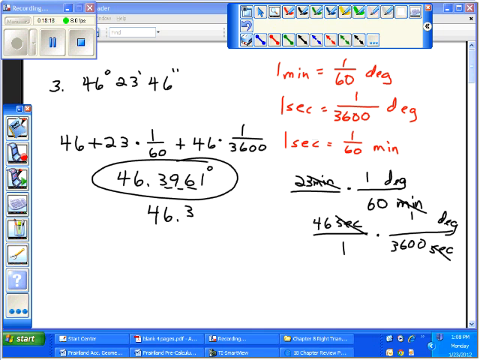How about 46.396 if we're going to go to the nearest thousandth? Somebody didn't read the directions. All right. Thousandths is 3 decimal places. Everybody say we did that? And we can put our degree symbol. All right. Number 4.